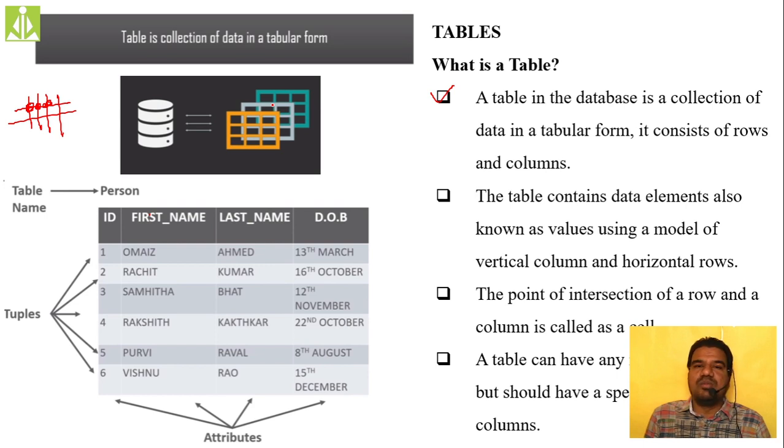You can put any number of rows, but for columns there is a specific limitation. I have not mentioned the limitation on column count because it is different for different databases. MySQL has some different count, Oracle has some different count.